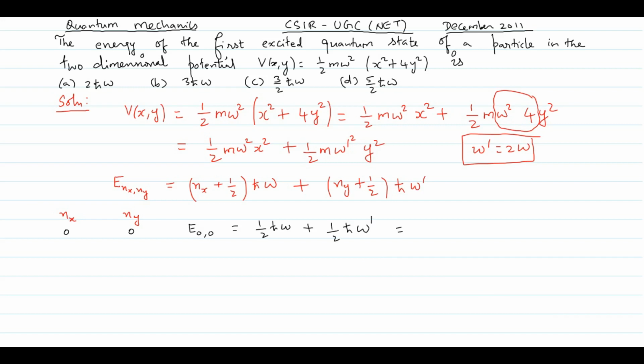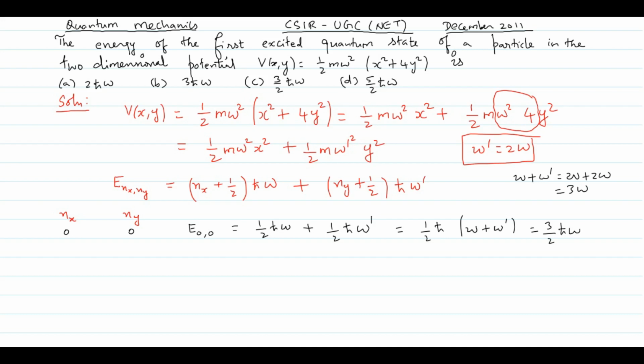Half h cross you can take outside, omega plus omega prime. Now what is omega plus omega prime? Omega plus 2 omega, so 3 omega. So this is simply 3 by 2 h cross omega. This is what you will get, and this is the ground state.